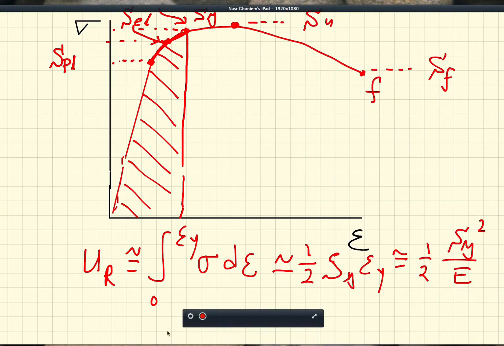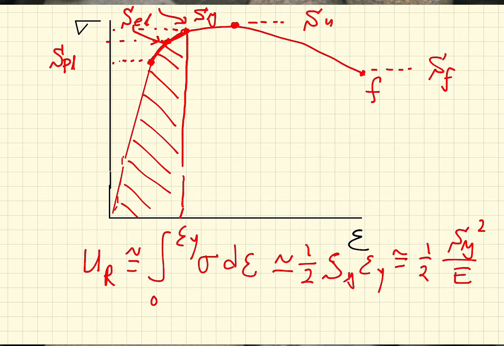If you plot the stress strain curve here, this is the stress sigma, this is the strain, then you can define a proportional limit, an elastic limit, and a yield point. These are 3 points that are almost indistinguishable in many cases.